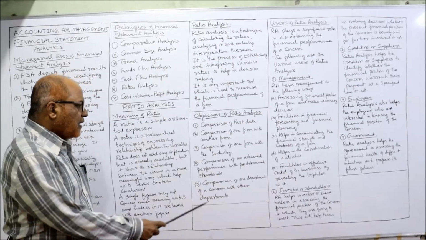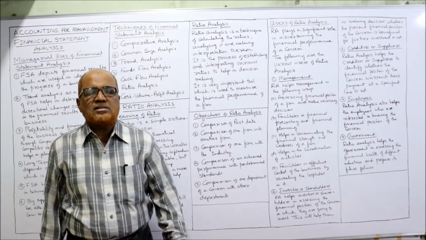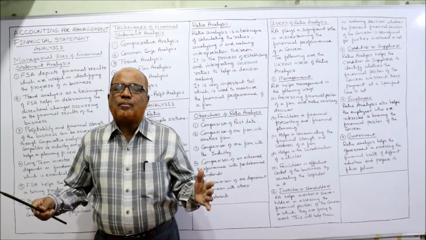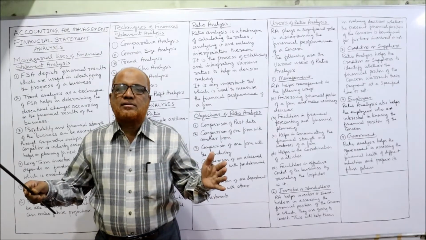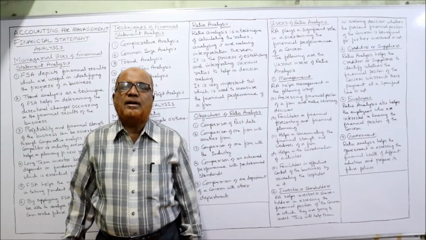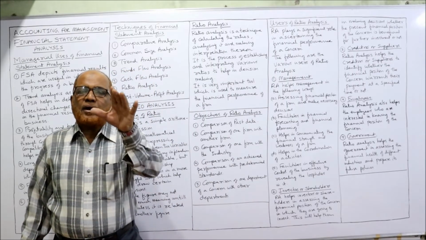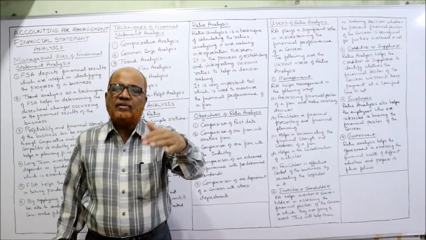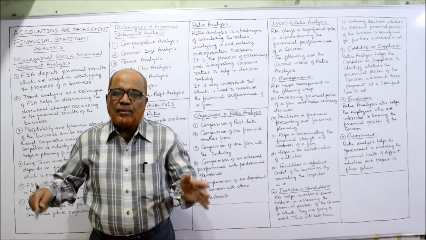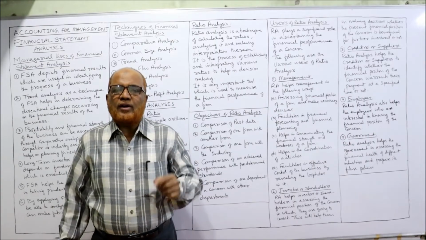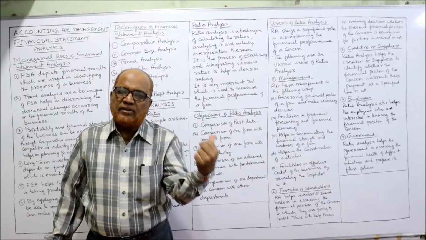It will be used. Next, comparison of one department of a concern with another department. Nowadays, many companies are producing different products, having different departments. So the company is interested in comparing the performance of one department with another department in the same organization. Ratios will be used for this.